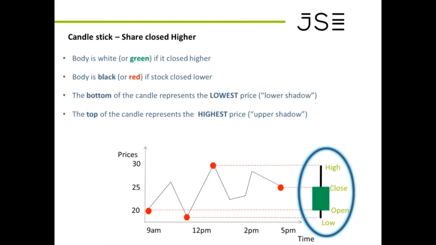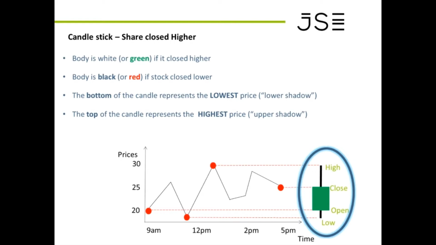And here you can see this candle moved up. So you know the price moved up because it opened low and closed higher. So it just gives you an indication as to the movement during the day and whether maybe the company share price is bullish or bearish, meaning is it going up or is it going down? Is it trending up or is it trending down? Were there more buyers or were there more sellers?